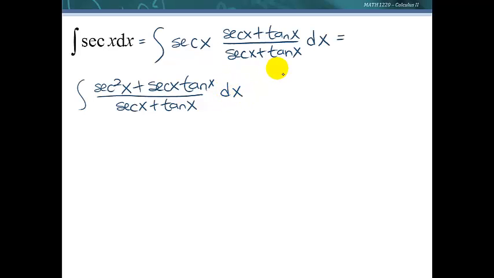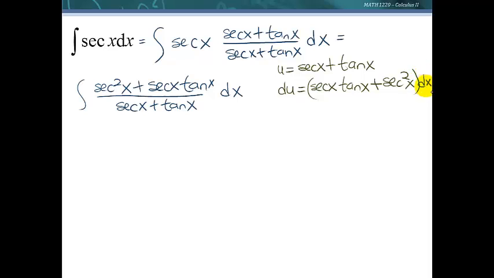Now we're going to do u substitution, and we're going to let our u equal that denominator, secant x plus tangent x. So our du is going to be the derivative of secant, which is secant x tangent x, plus the derivative of tangent, which is secant squared x, and then we've got our dx, and would you look at that? There's our numerator. So applying this substitution, we have du over u.